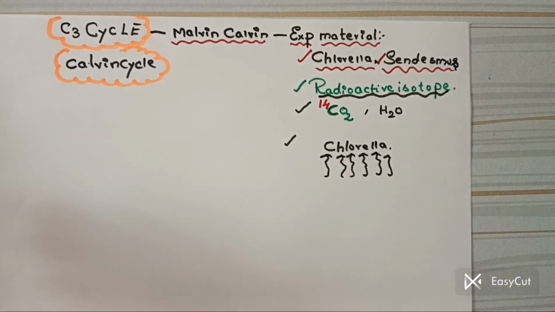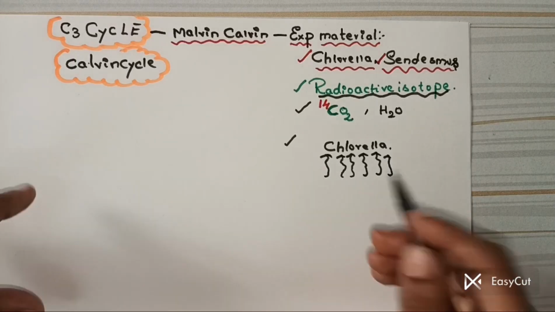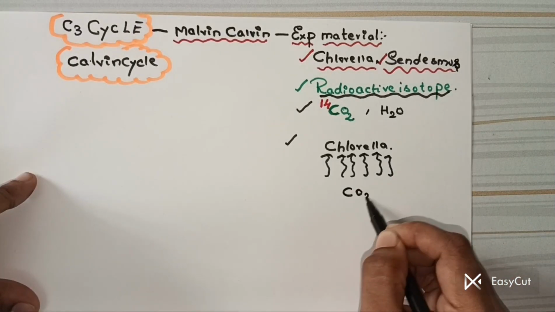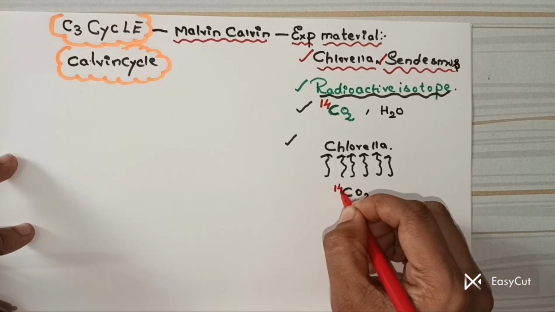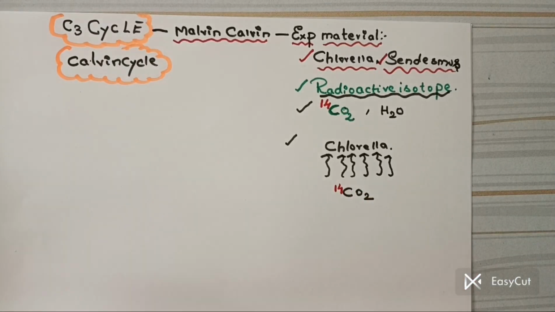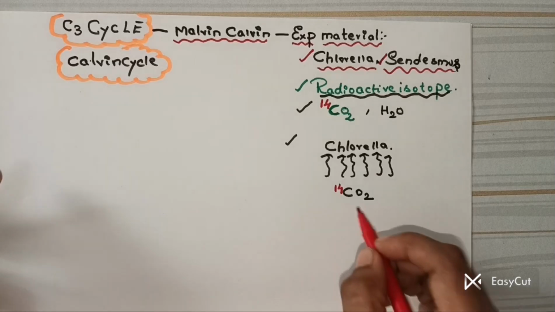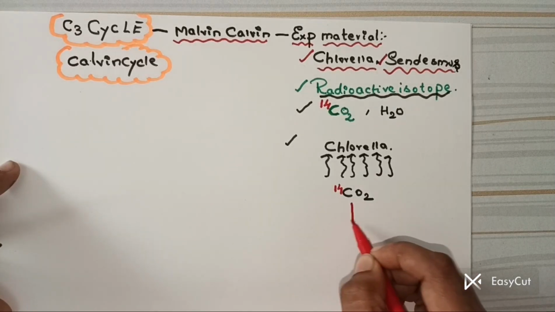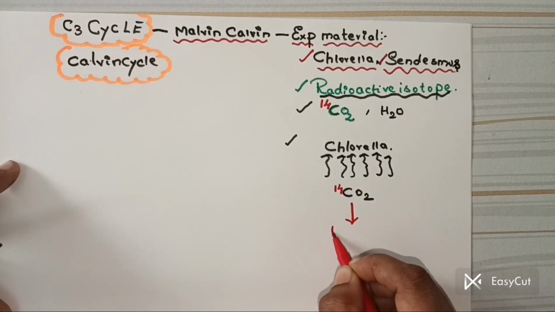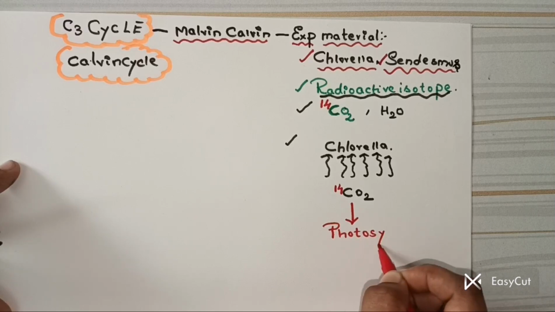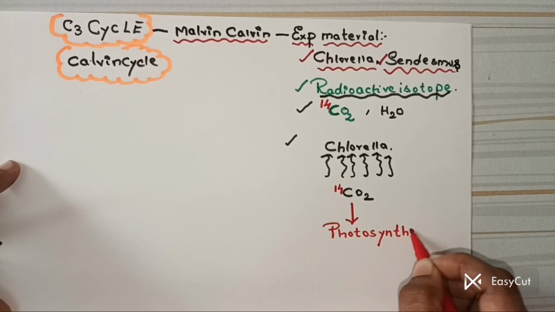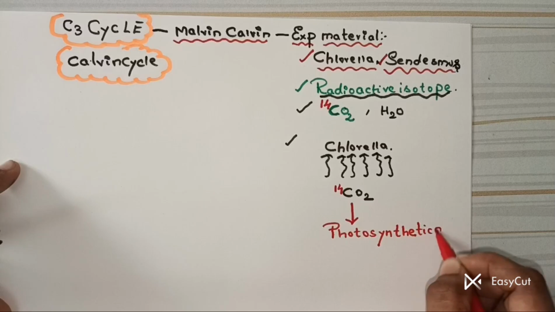He provided the chlorella with carbon dioxide where the carbon is C14 because it is a radioactive isotope. By utilizing the carbon dioxide, the chlorella and scenedesmus performed photosynthetic action.